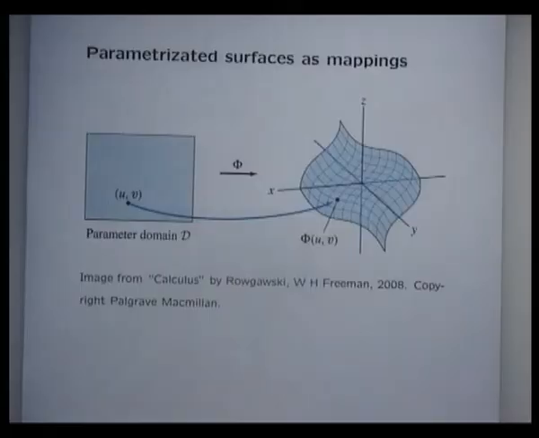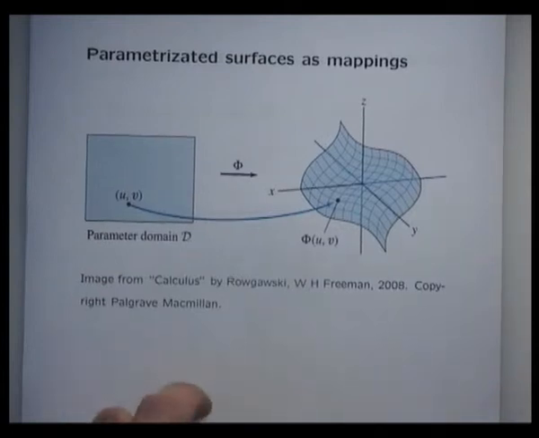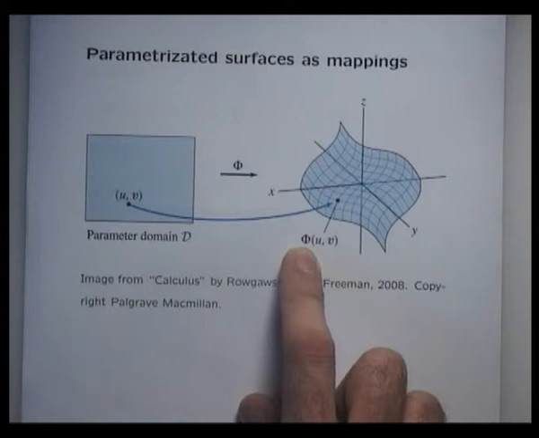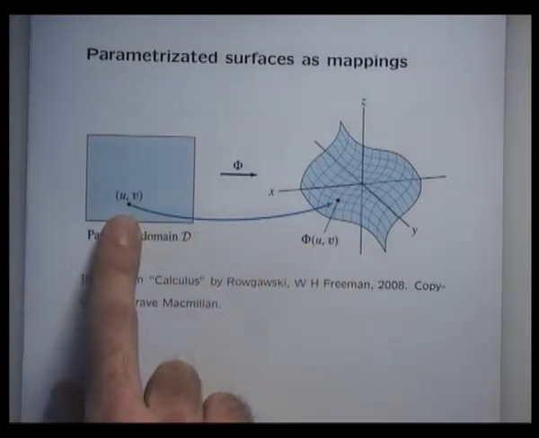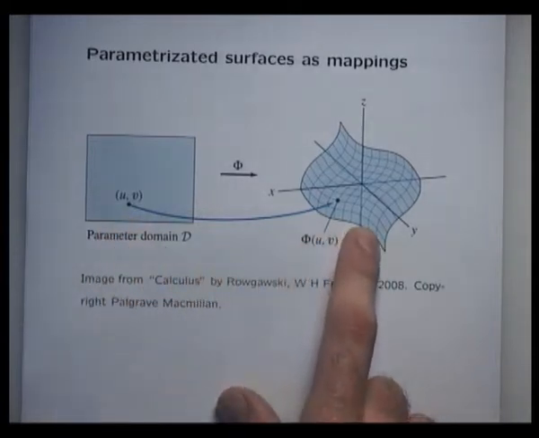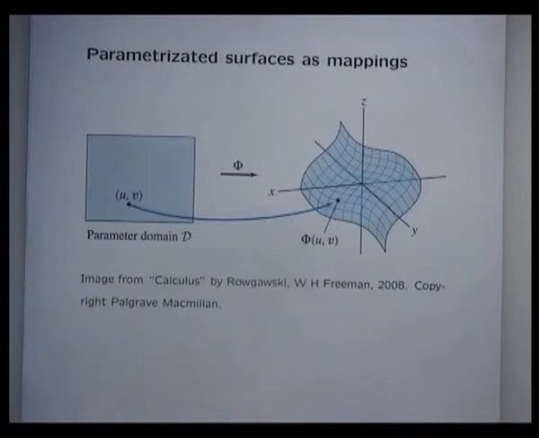So let's have a look at what we call a parameterized surface. You can think of this vector function phi as mapping this domain to some sort of surface.